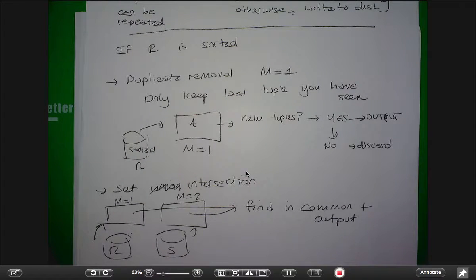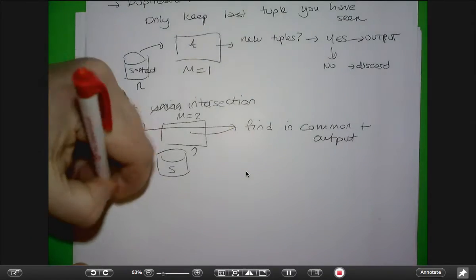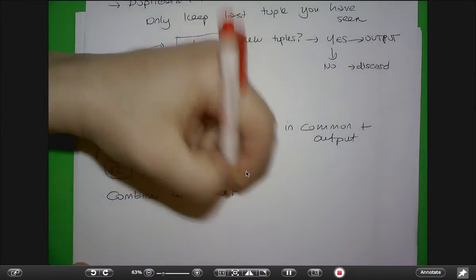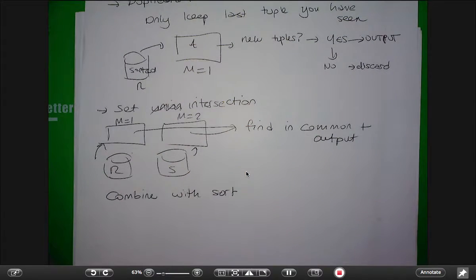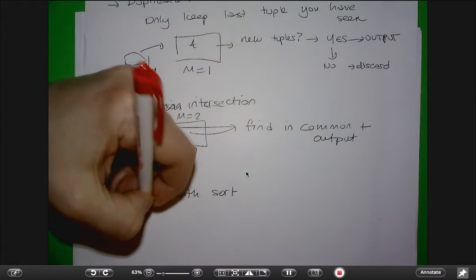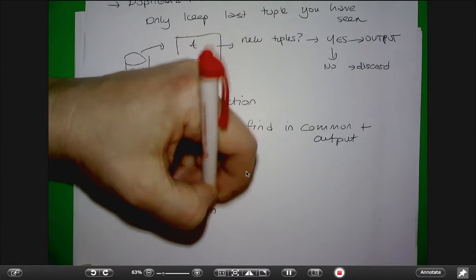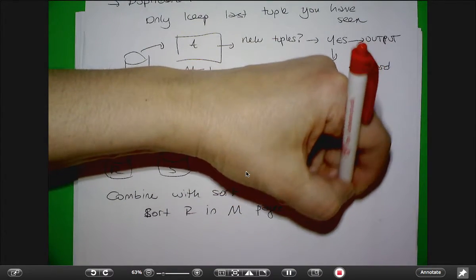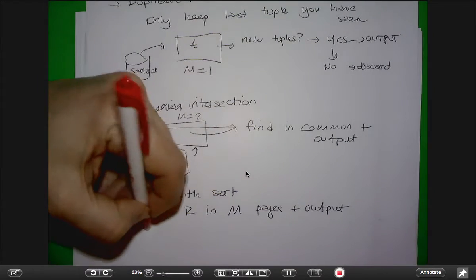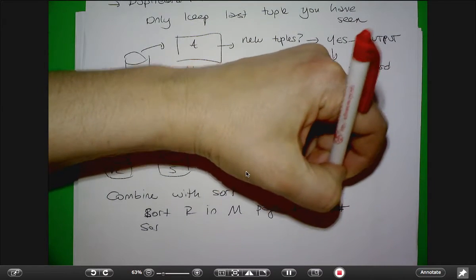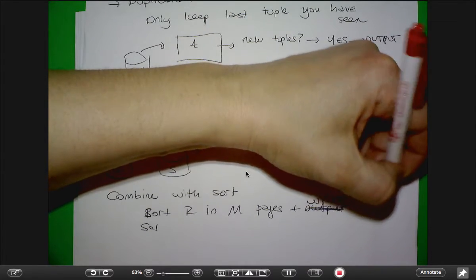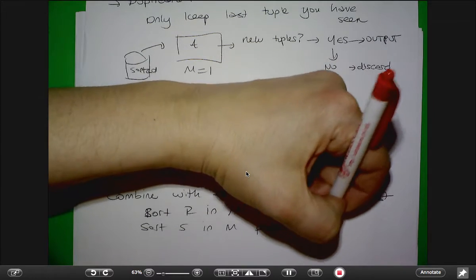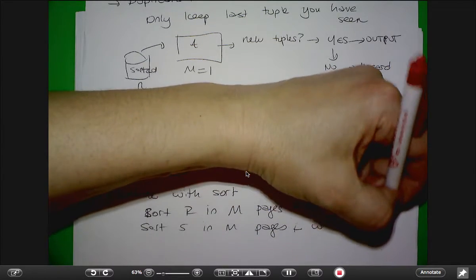So for example, you can sort R in M pages and output, sort and write to disk, sort S in M pages and write to disk. Okay.